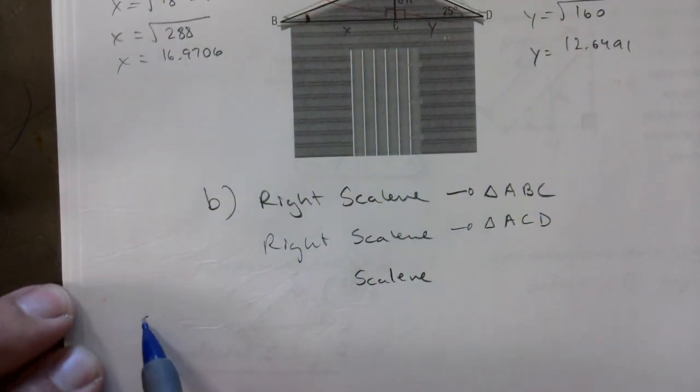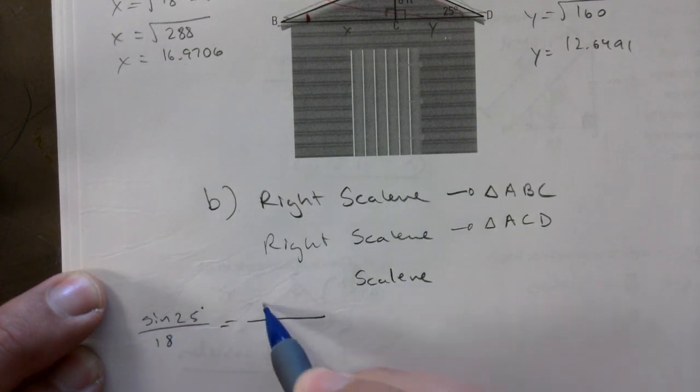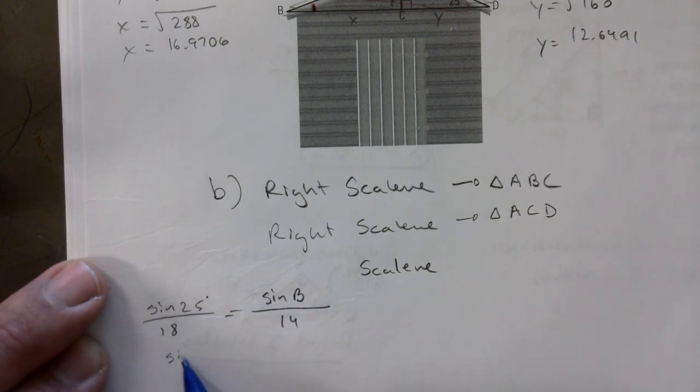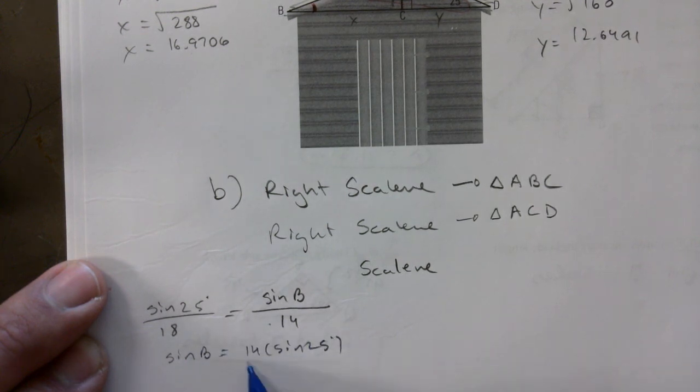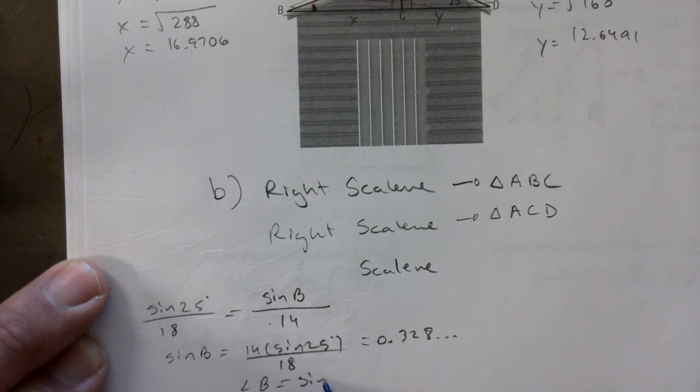So I'm going to go sine of 25 over 18 is equal to sine of B over 14. Sine of B is 14 times sine of 25 divided by 18. And that is 0.328, right? So it's sine inverse of 0.328. That's 19.19.